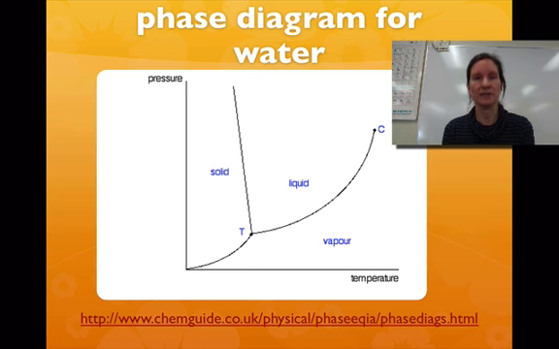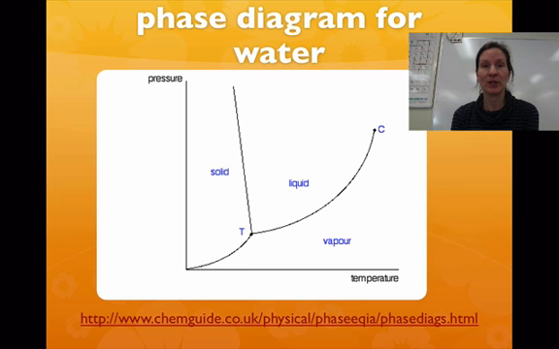The other point of note is the critical point, and what you can see about the critical point is that the line between gas and liquid doesn't extend beyond it. What that means is you can't change the temperature and pressure to change your gas back into a liquid, essentially.